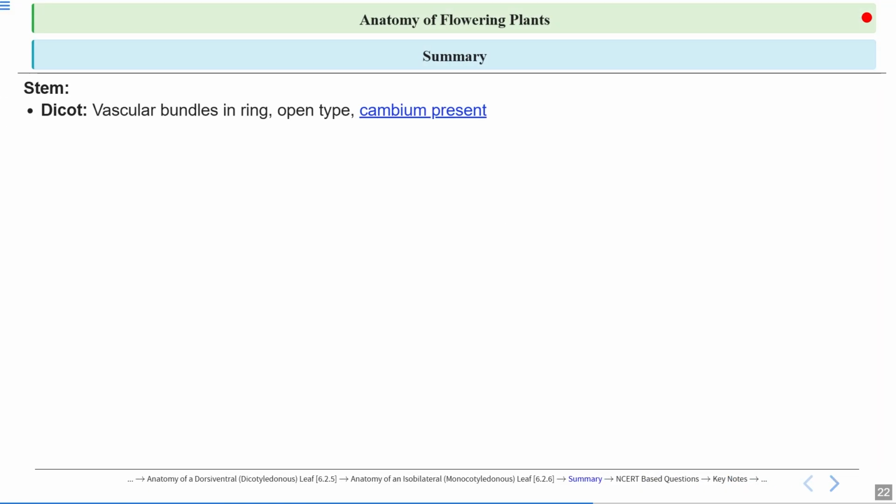Now, summary. Stem: dicot vascular bundles are in a ring and open type, and cambium is present. Monocot has scattered vascular bundles and no cambium, so they are closed type.